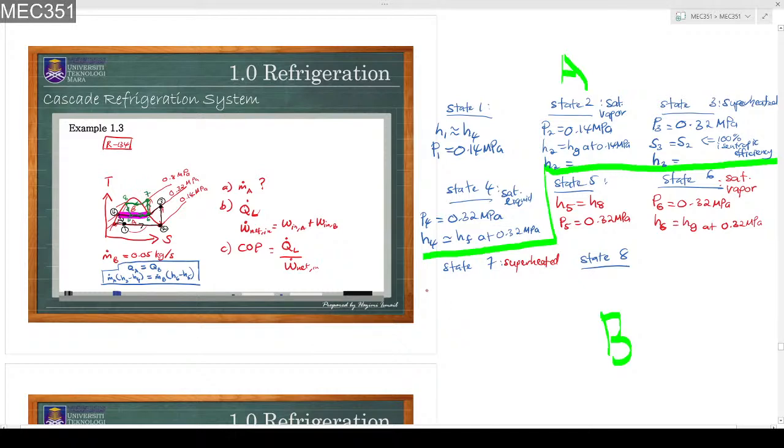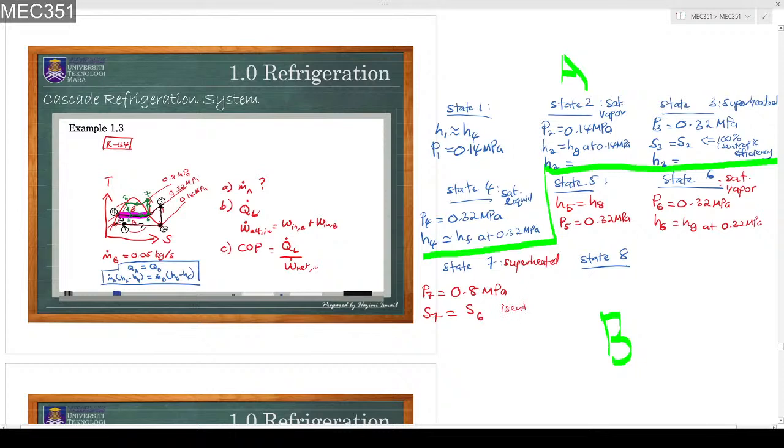So state 7, P7 is at the highest pressure line here, 0.8 MPa. And then entropy 7 will be similar values to the S6 because it is the isentropic process.